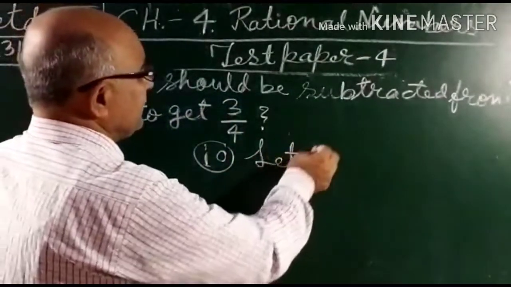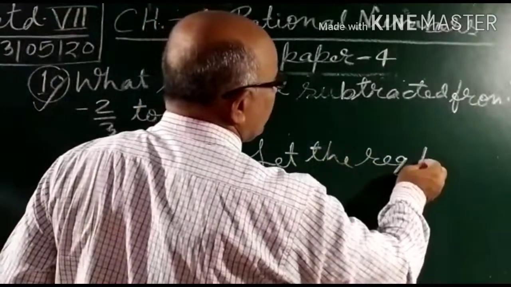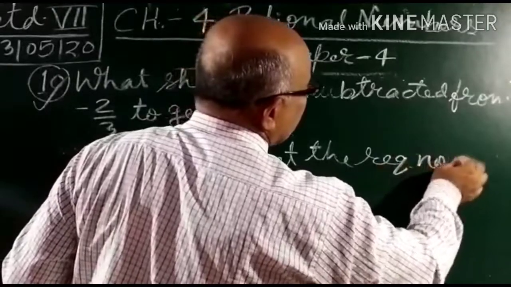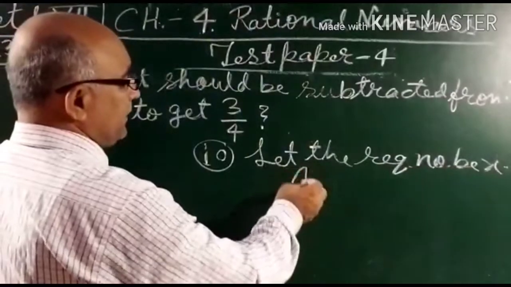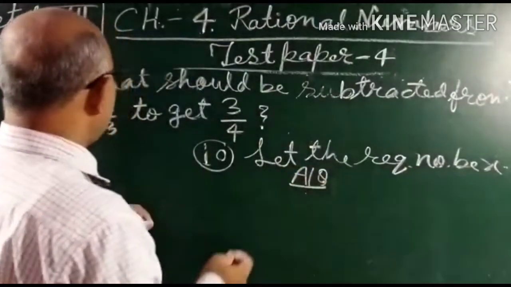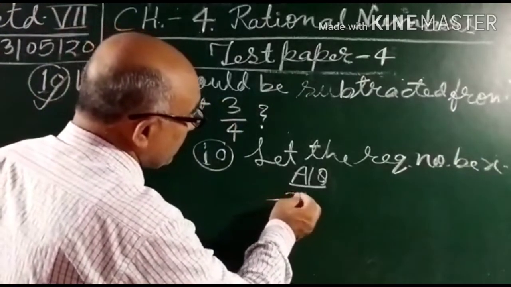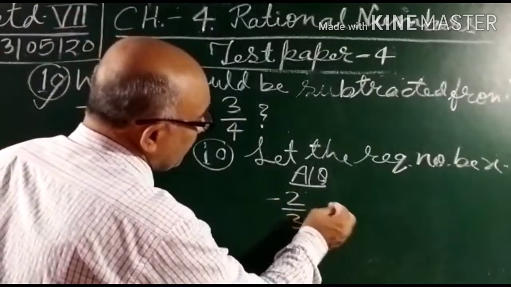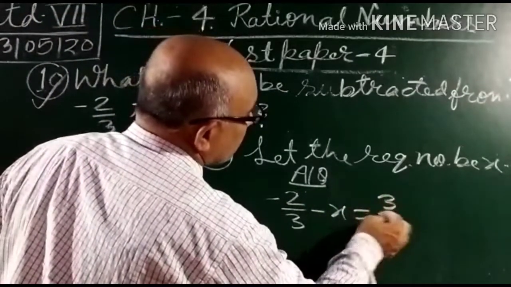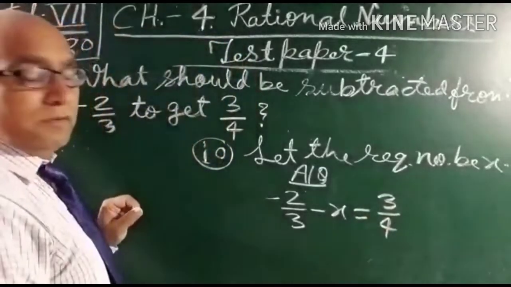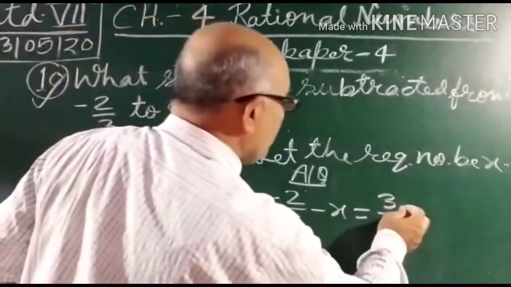Let the required number be x. According to the question, it is subtracted from minus 2 by 3. So minus 2 by 3 minus x equal to 3 by 4.